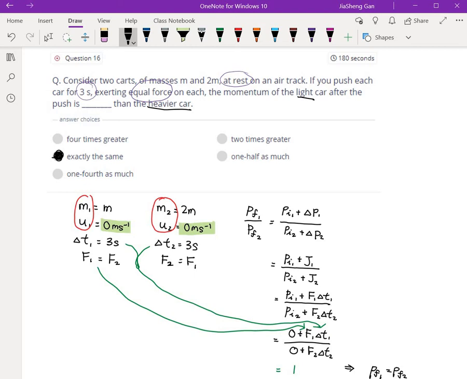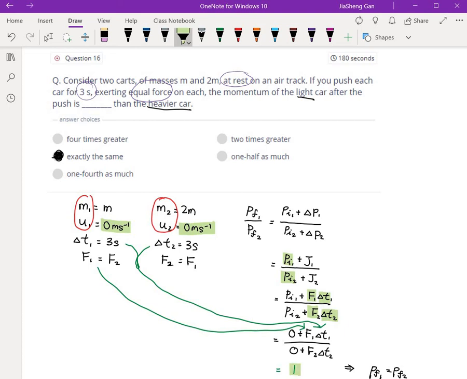Then you can compare between final 1 and final 2. This is how you do a comparison, by taking a ratio between two cases. By knowing that they have the same initial momentum, which is 0, the same force, and the same time of impact, everything is the same top and bottom, therefore you get 1.